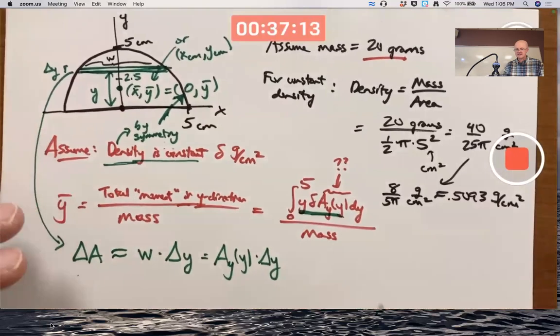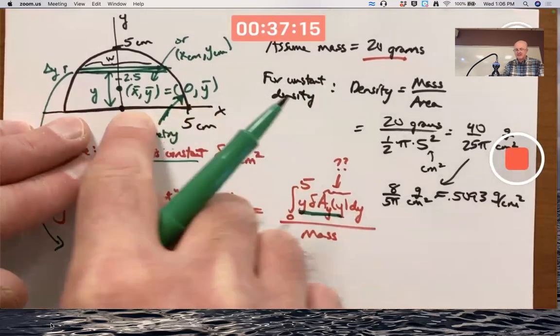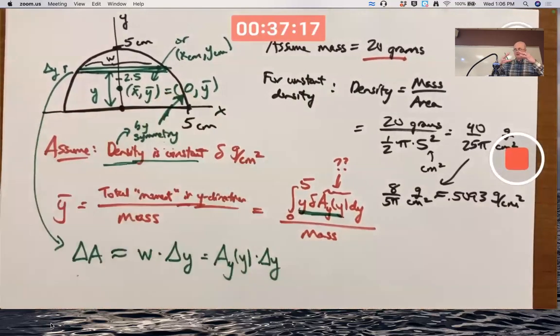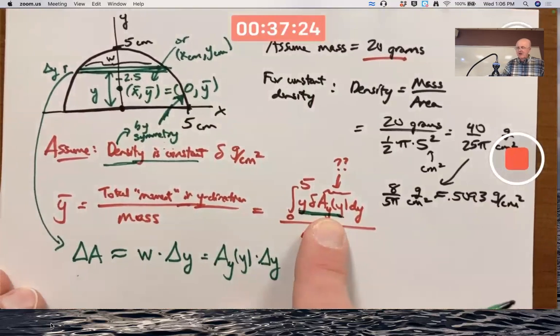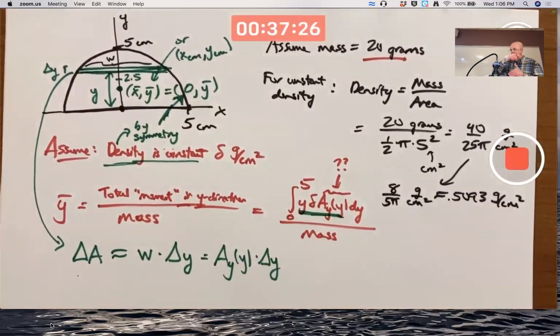In a three-dimensional situation, if instead of a semicircle, this were a hemisphere, a three-dimensional half of a sphere, then instead of a cross-sectional length, there would be cross-sectional area. And the area would be, think about slicing a hemisphere, a circle. You have to use pi r squared, as you've done before.